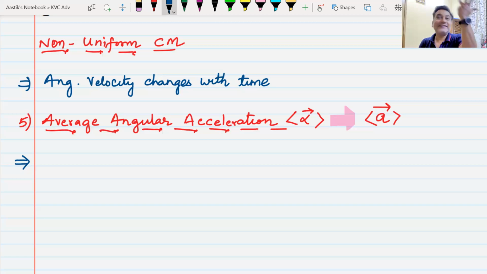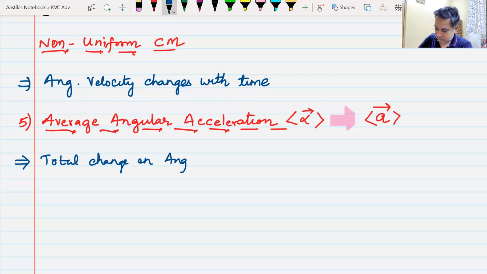No one knows it. Everyone is thinking, oh God. It is the total change in angular velocity divided by total time.